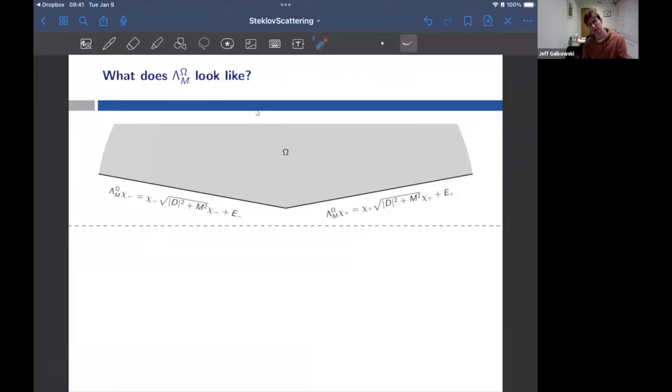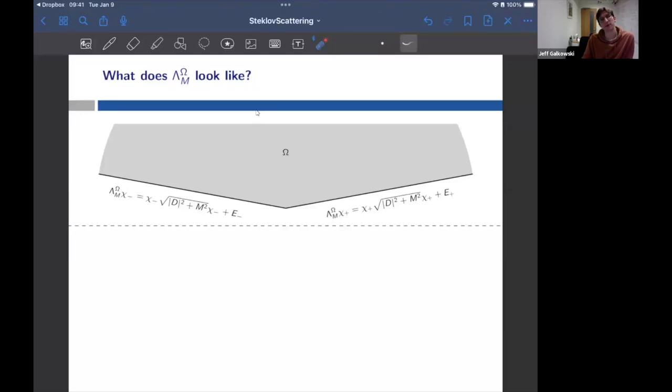Okay, so now, in order to really do this scattering theory, I told you that you need to know what this Dirichlet-Neumann map looks like. And again, I'll go back to those pictures, right? So we believed, if you believe the pictures anyway, that near the smooth parts of the domain, this looks just like a smooth Steklov eigenfunction.